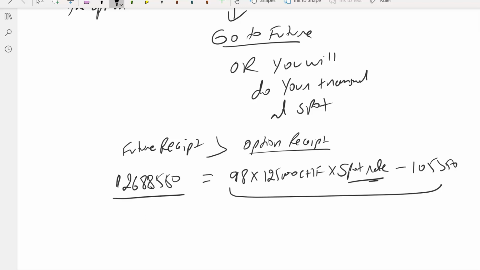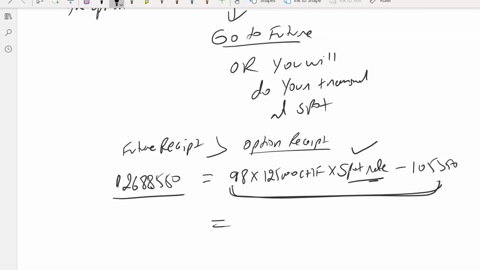So I will not exercise my option. I will do my transaction at spot if spot rate is at least at a rate that my total receipt of option including the premium should be equal to the future receipt. So let's calculate the spot rate.